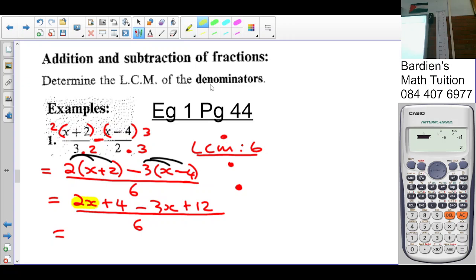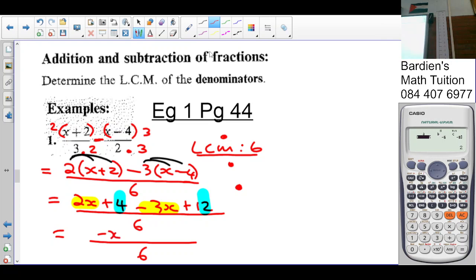So it's 2x minus 3x, okay? And 4 and 12. Remember, this remains over 6. What is 2x minus 3x? What's 2 minus 3? Negative 1. So it's just negative x.